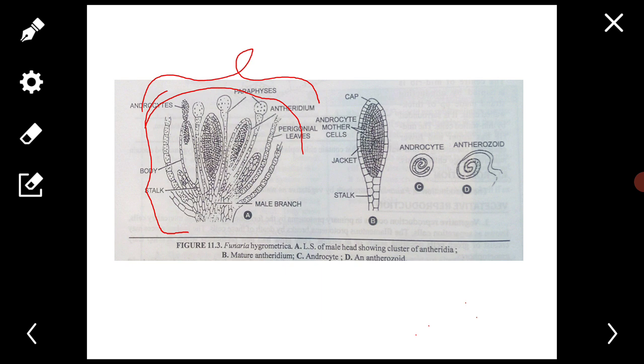The cluster is surrounded by large perigonial leaves, which are arranged in the form of a shallow cup, a rosette shape, in the form of a shallow cup-like structure, that is this.